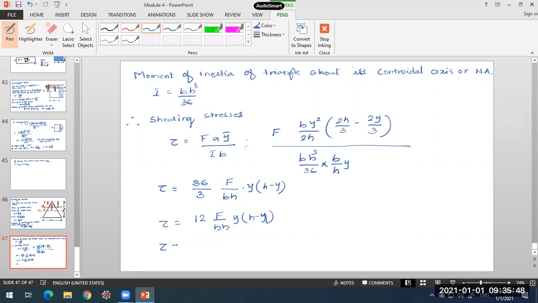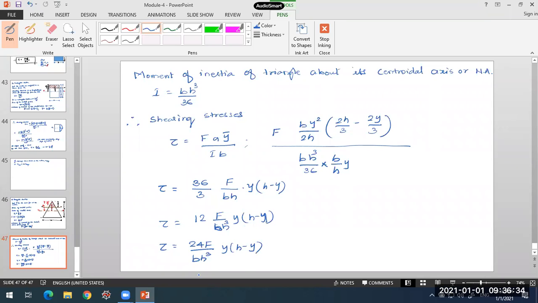So for that purpose I can take it as 24 times F upon b h cubed.